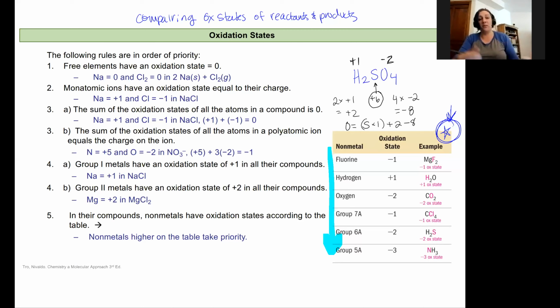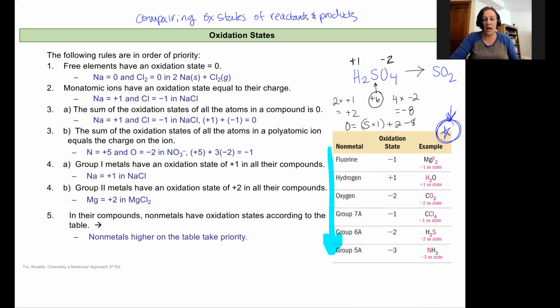I would then, if I was looking at a reaction that compared this to something where on the other side of it we formed, let's say, sulfur dioxide. I don't know if this is actually a reaction, I'm just kind of making it up. Then we would compare the oxidation states of those elements.